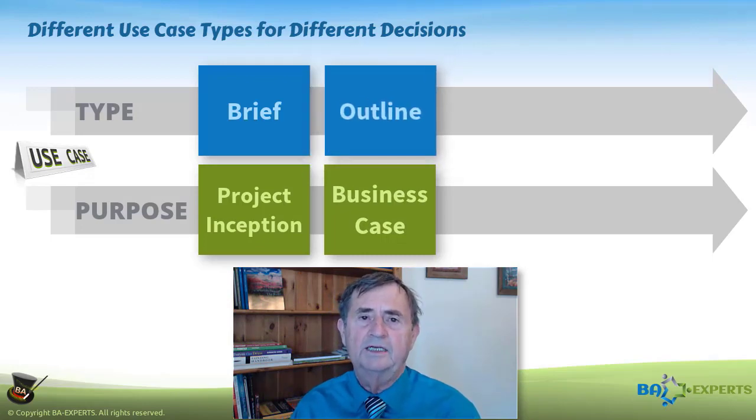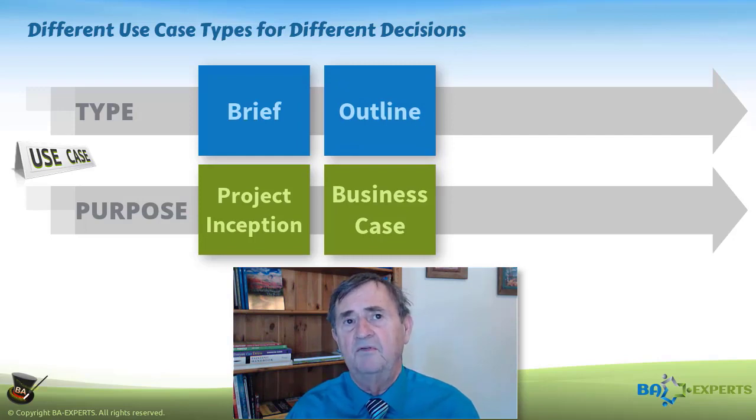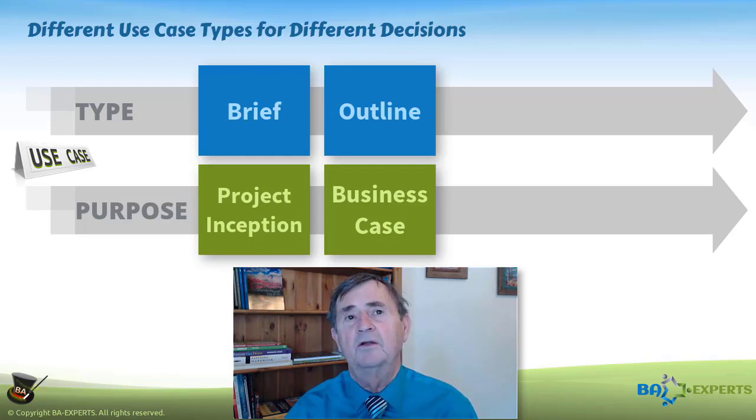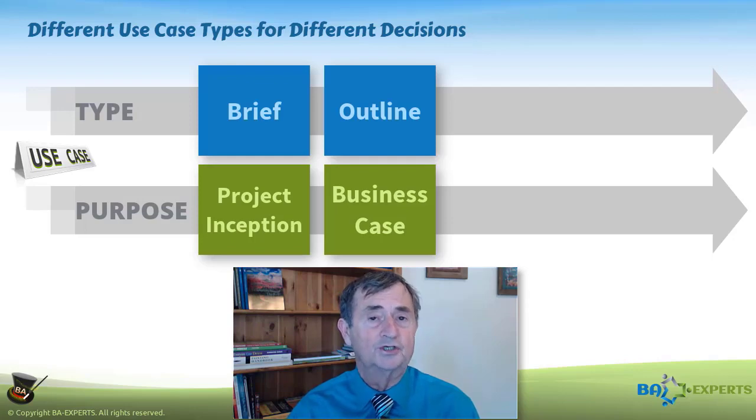You may want to look at adding a little bit of detail, fleshing out the details around the brief. You might even think about giving some major steps that are going to be happening. Again, at this point you're looking only for enough information to provide the decision maker with the go, no-go decision on this particular use case.